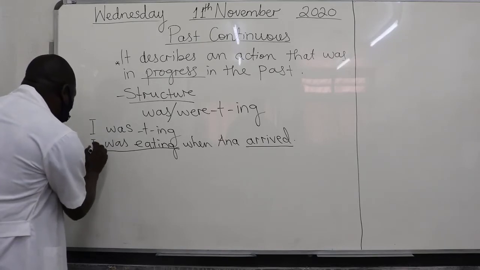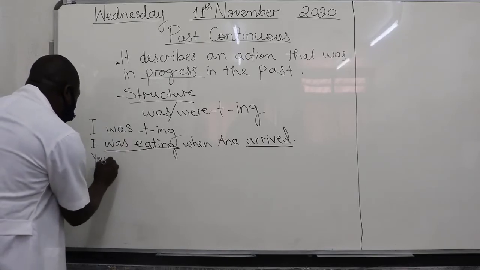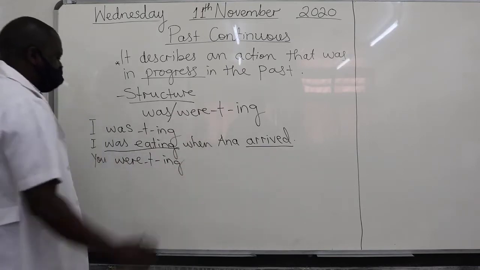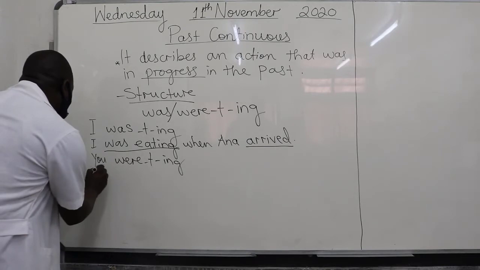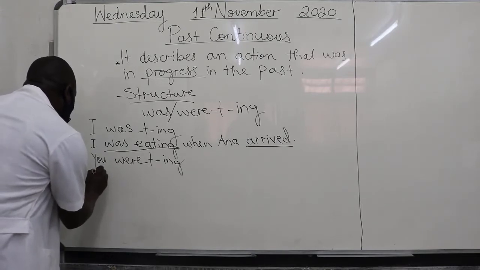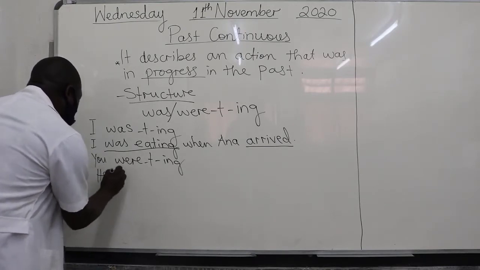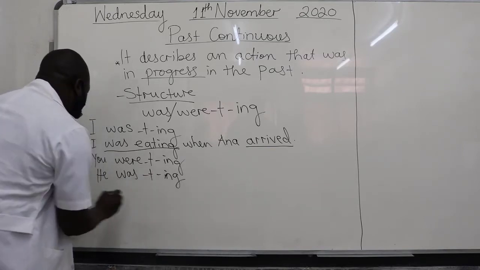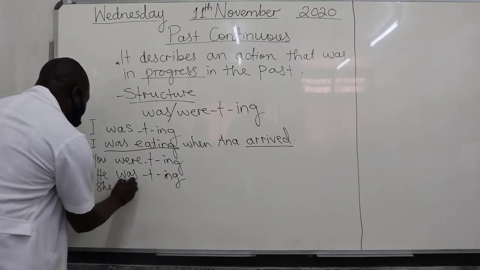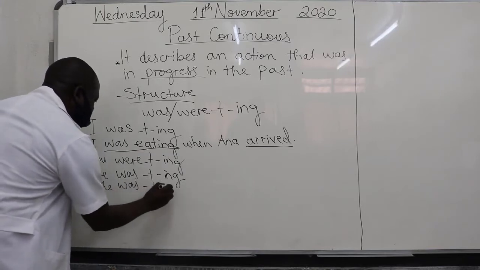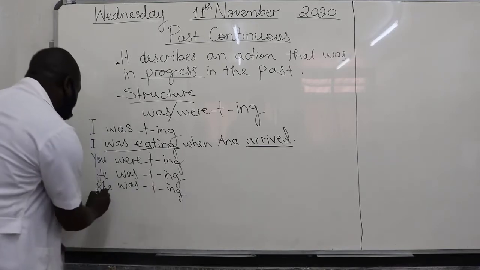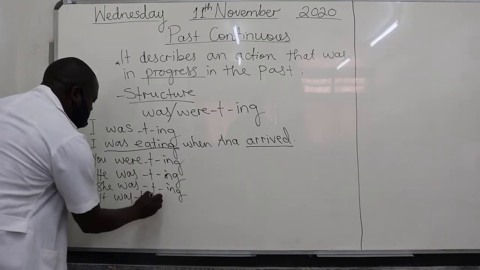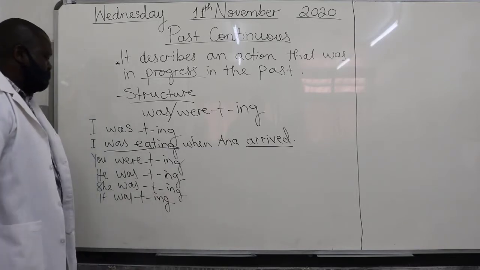So with I was, you were, plus a main verb in gerund form. He was plus a main verb in gerund form. She was plus a main verb in gerund form. Then it was plus a main verb in gerund form.